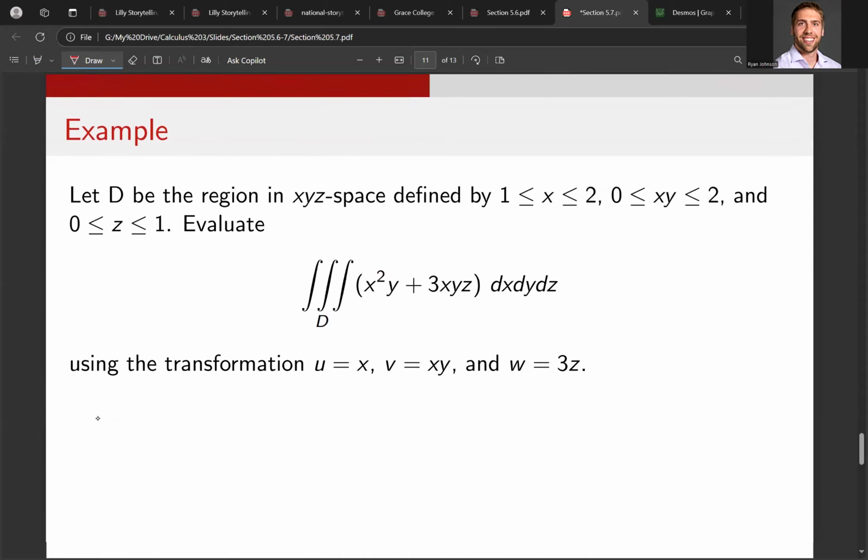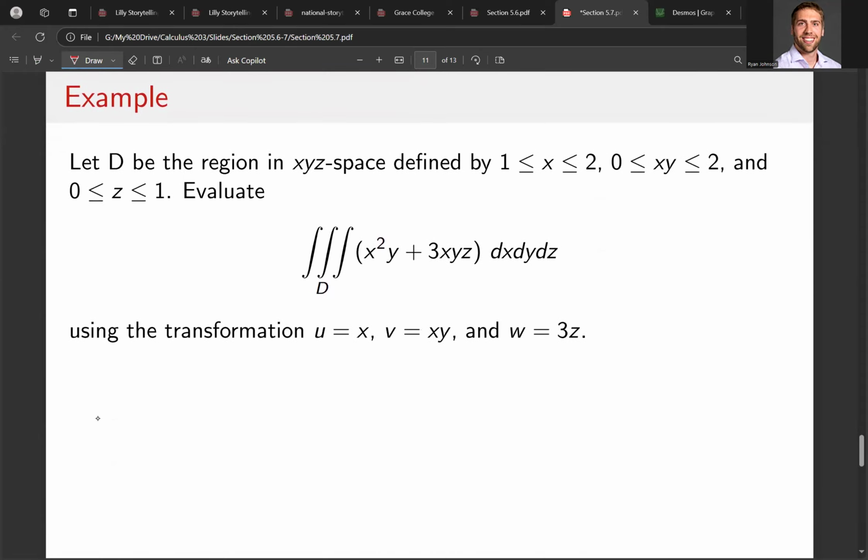Let's see. What if we had this thing right here? Our region is x is from 1 to 2, x times y is from 0 to 2, and z is from 0 to 1. Then we could do this transformation where we just make v be xy and w could be 3z.